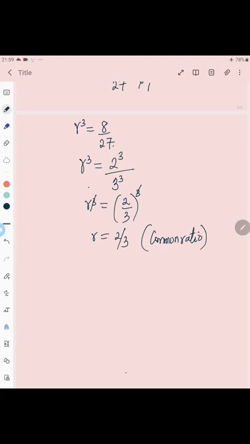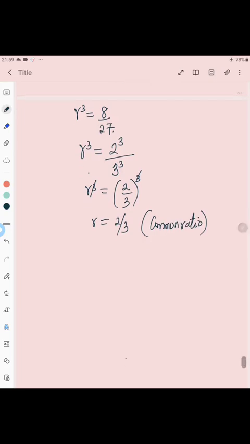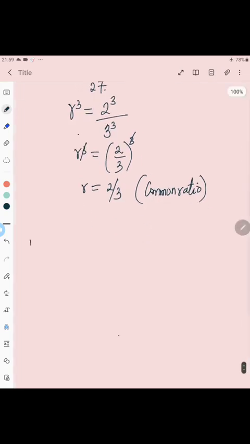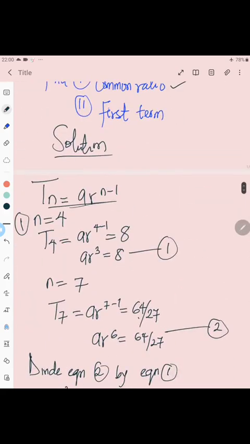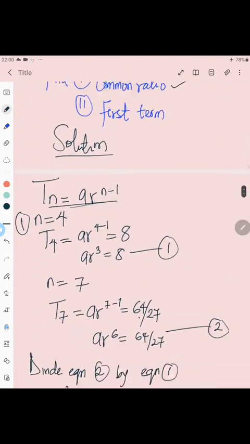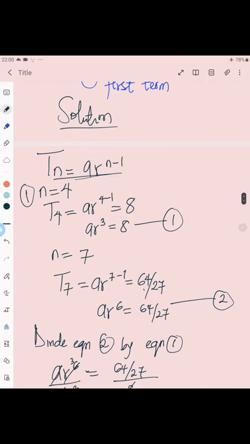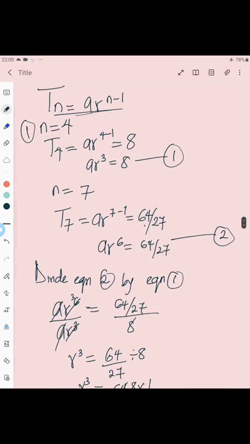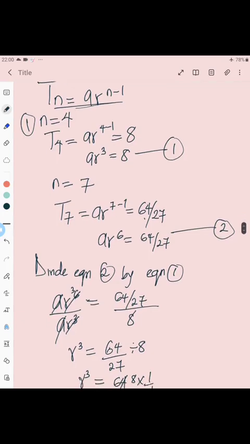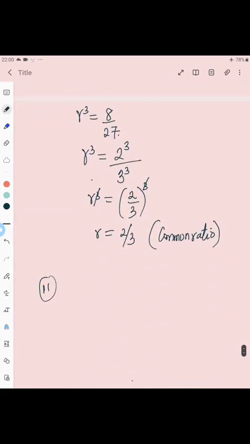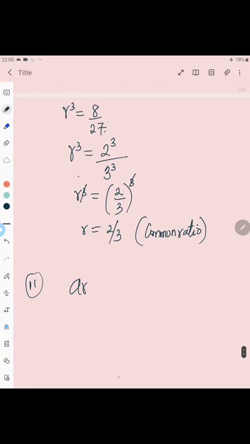So let's move on to the next question, which is for us to find the first term. We can use either equation 1 or 2 to get the value for the first term. Let's use equation 1 for the purpose of this class. Equation 1 says AR raised to the power of 3 is equal to 8.